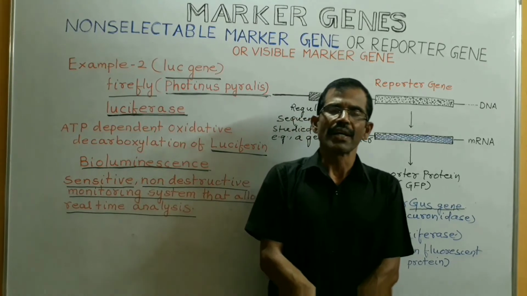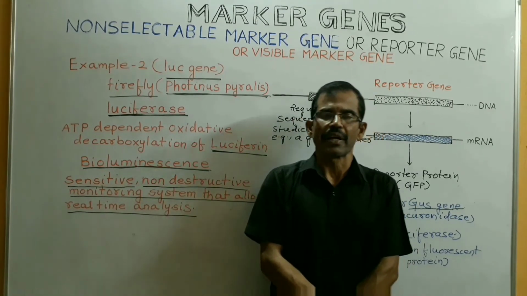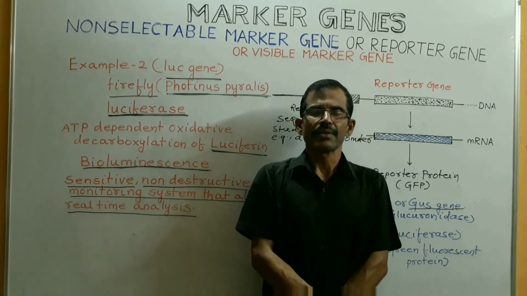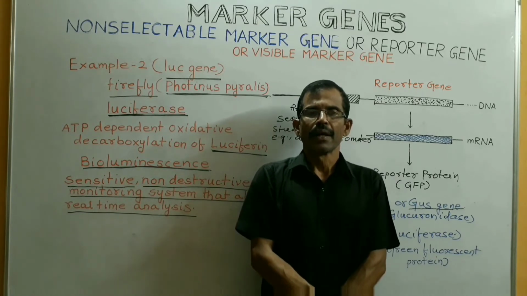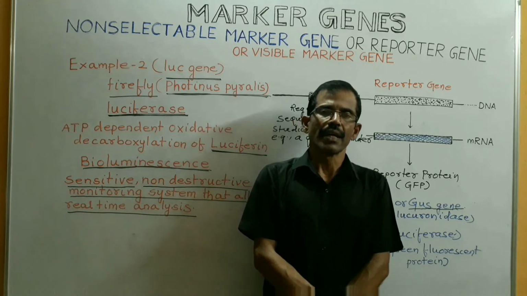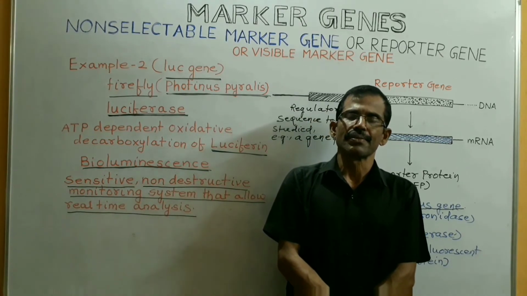Luciferin is the external substrate that has to be added to the medium for detection of activity. This oxidative decarboxylation of luciferin emits light, which is an example of bioluminescence.